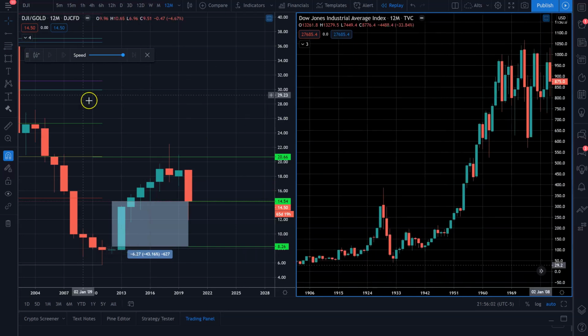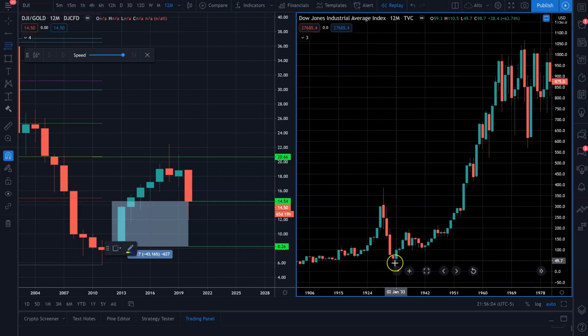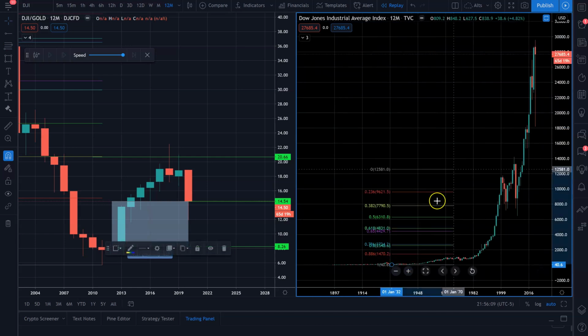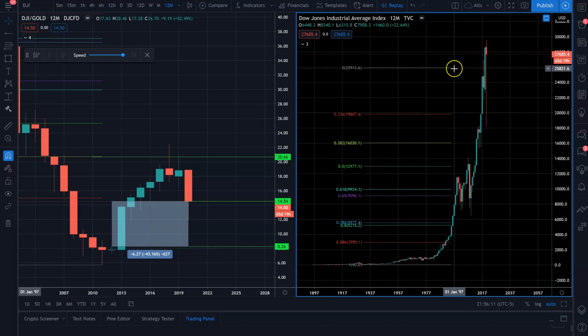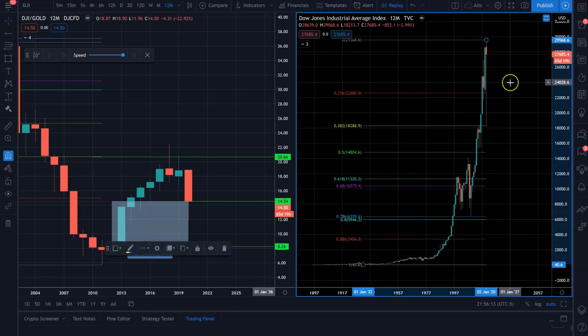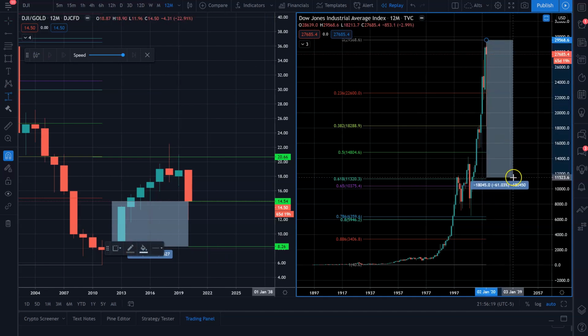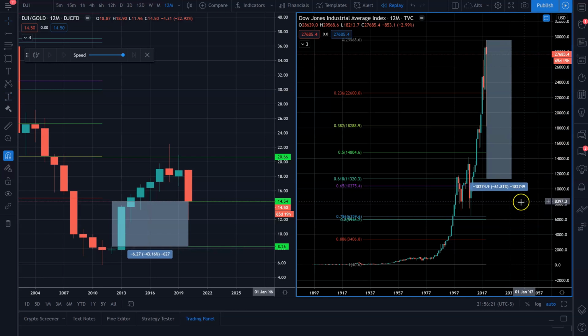So let's get that on the chart. Okay, I gotta move this over so I can get to the top. And if we draw this on there, where's our 61.8? That is a drop versus the US dollar of 61.8%, right? If this whole thing crashes back down to the golden pocket.